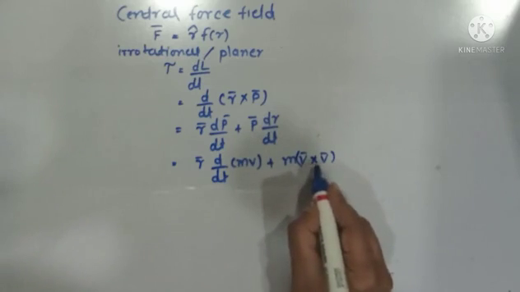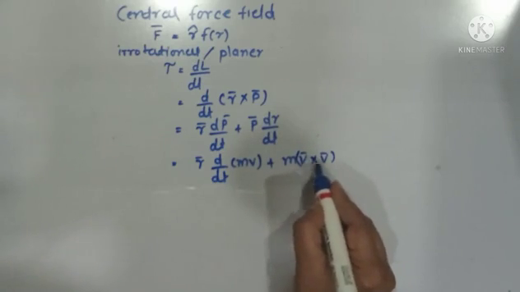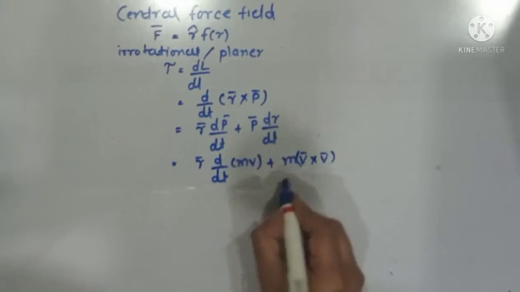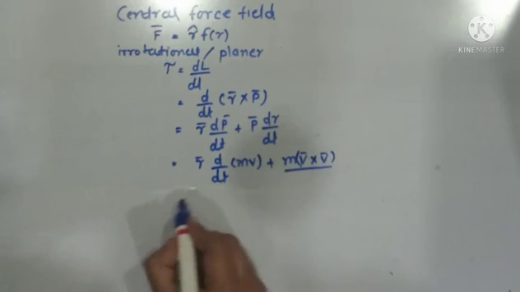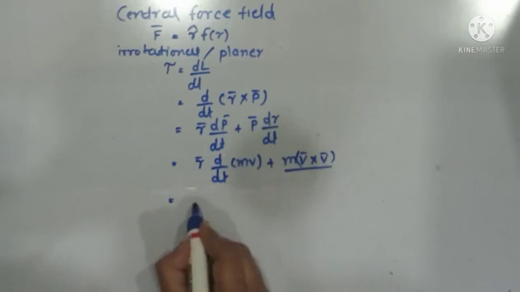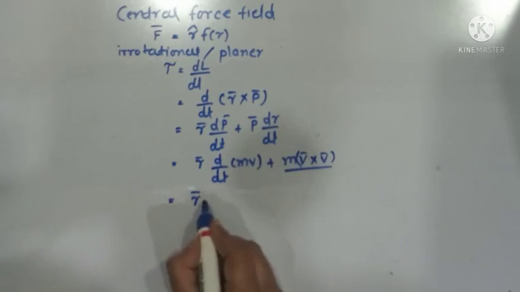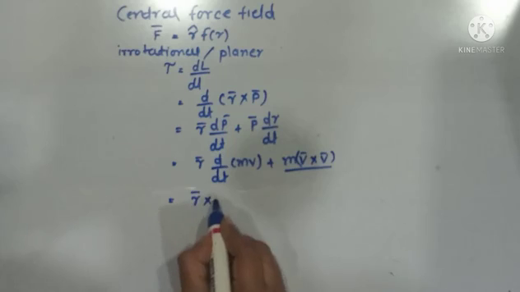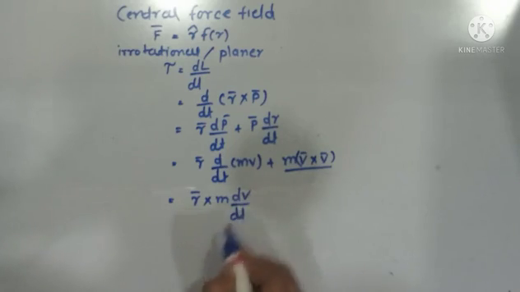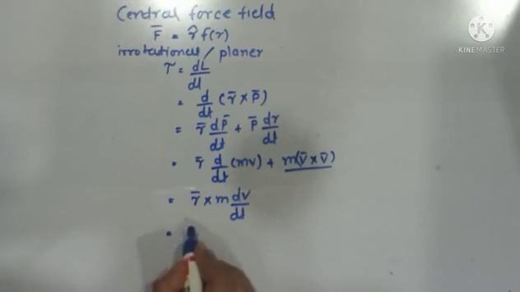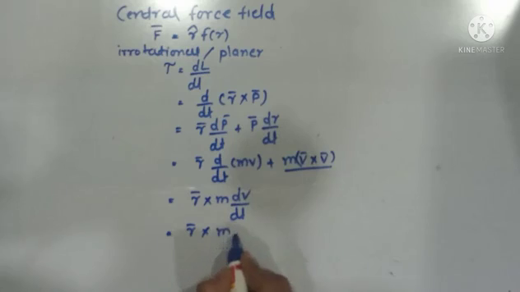Now we know that the cross product of a vector with itself is 0, so this term will become 0, and I can write the first term as r multiplied by m dv by dt, where dv by dt is acceleration: r cross m into a.